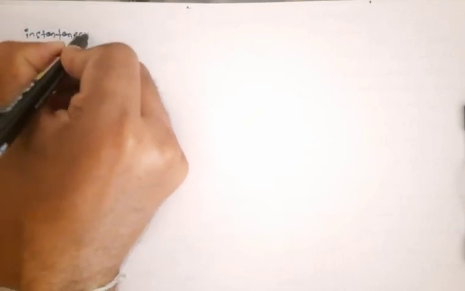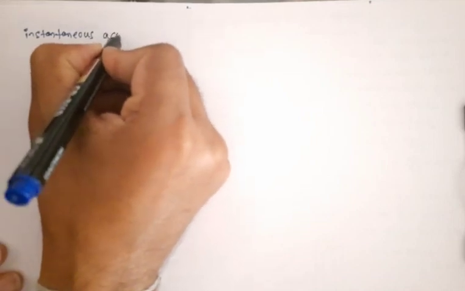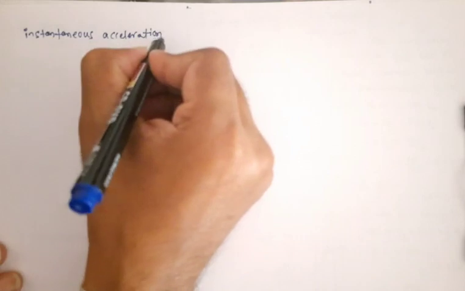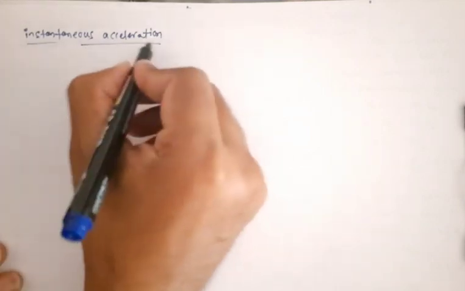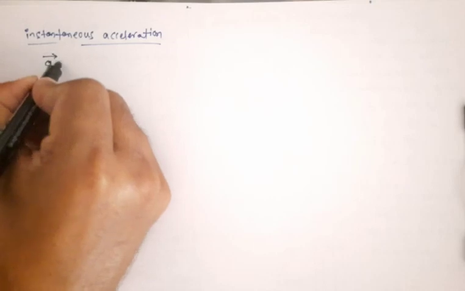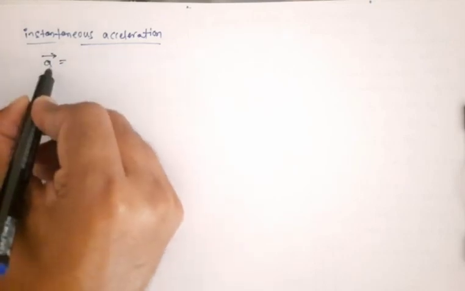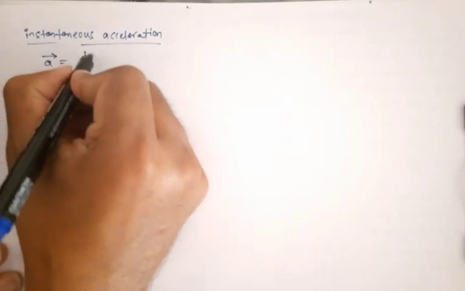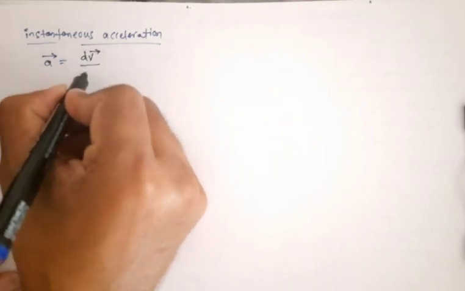Now let us write the equation for instantaneous acceleration. Instantaneous acceleration is equal to, what do we write, guys? If we don't use any subscript, that means it belongs to instantaneous value only. So dv by dt.